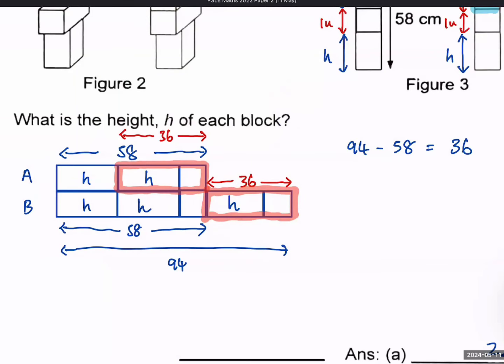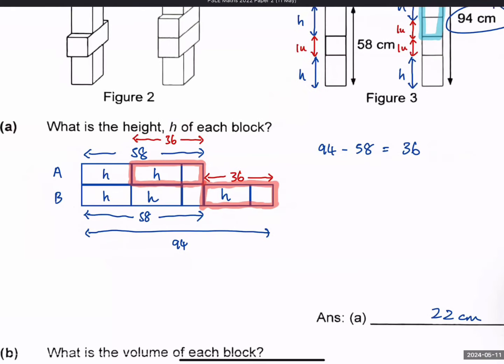Correct or not? And therefore, your H is equal to 58 minus 36 to give you 22. Because this is your question mark. So you just take 58 minus 36.